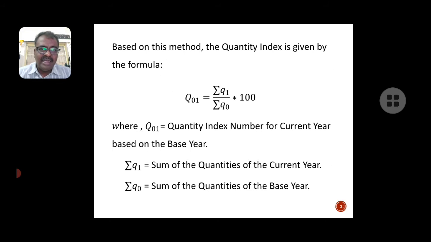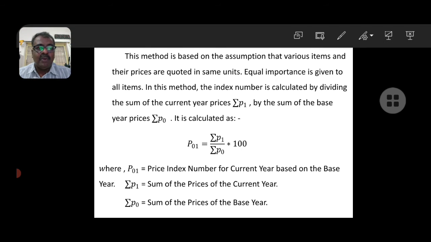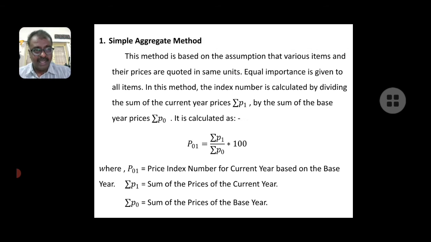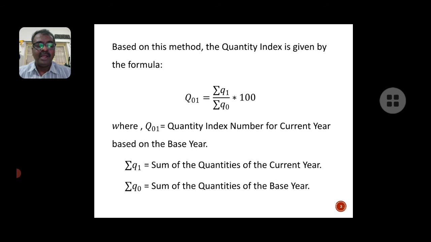Based on this method, we can also find out the quantity index, which is given by Q01. In the previous slide, it was P01, price of the current year based on the base year. Here, it is Q01, quantity index of the current year based on the base year. That is equal to sigma Q1 divided by sigma Q0 into 100.